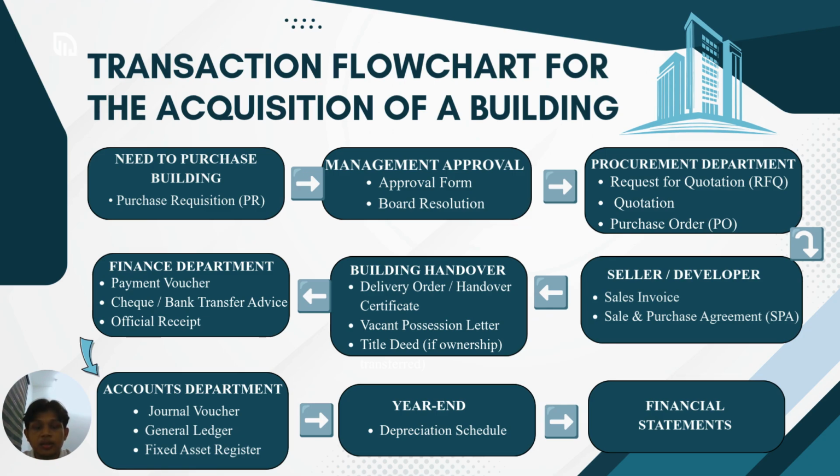Second last is year end. During the year end, the company must provide a depreciation schedule to record all depreciation of the building. And lastly, in the financial statement, all transactions that occurred in that year must be stated or recorded in the financial statement as evidence of a valid purchase.